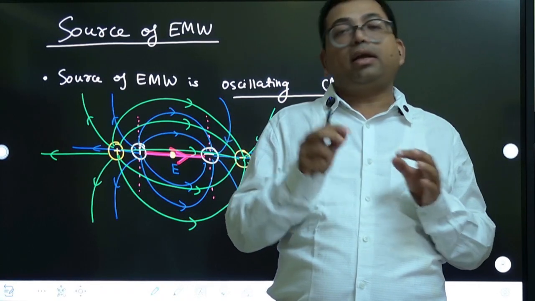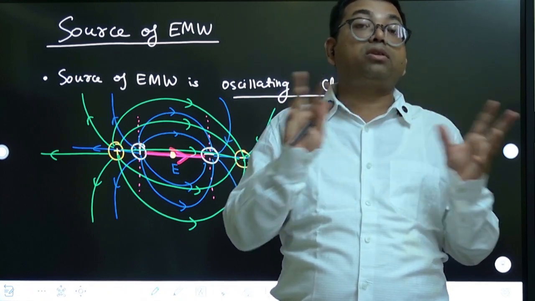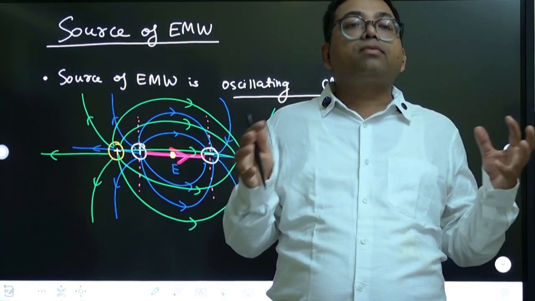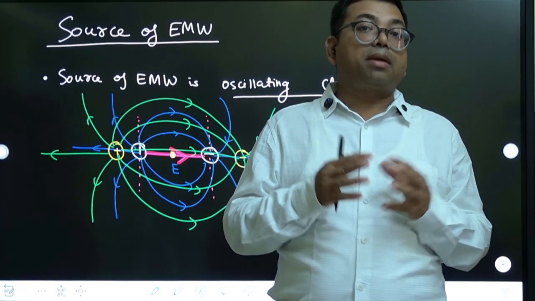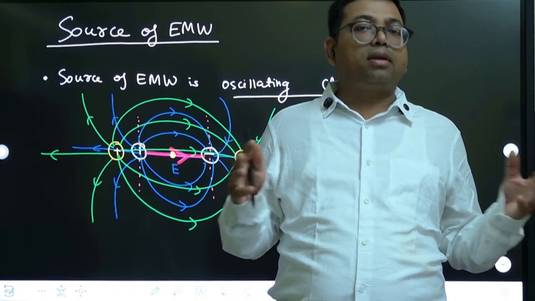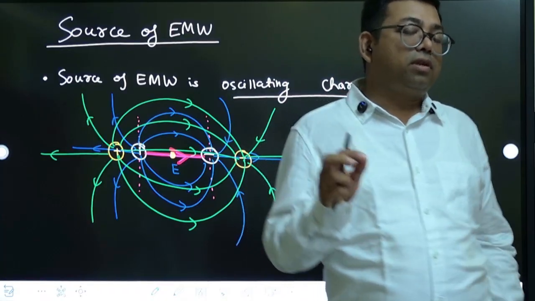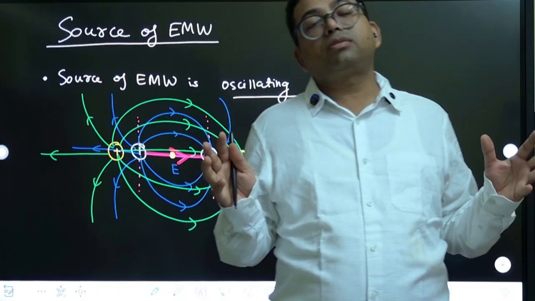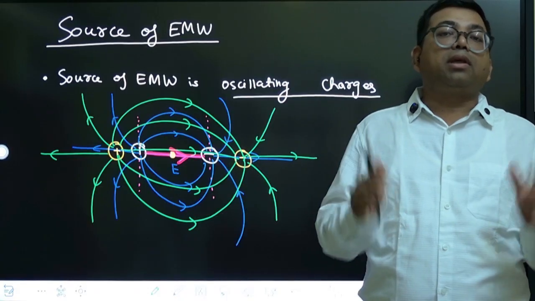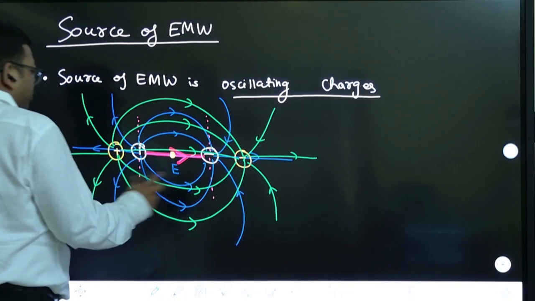So electric field at any given point in the space surrounding these two oscillating charges becomes sometime maximum, sometime minimum, and at other times in between. So electric field at any point in space is changing. That means if the charges are oscillating, then the electric field is also oscillating.